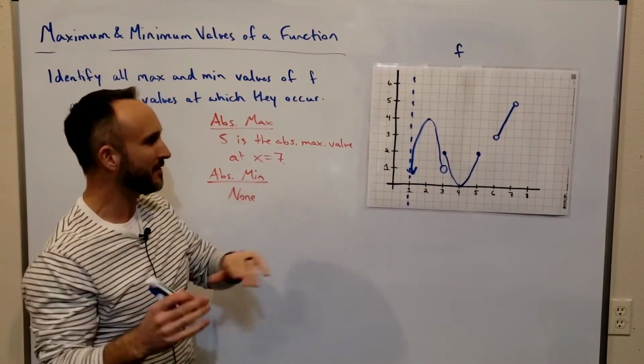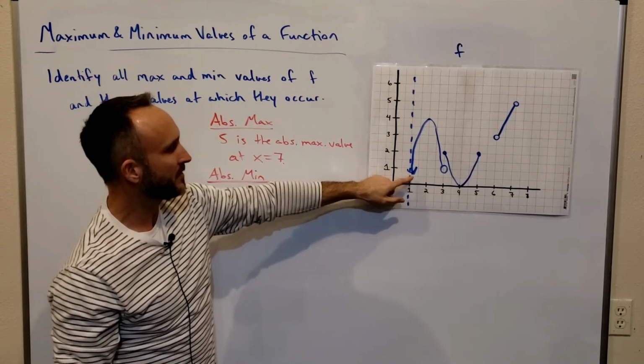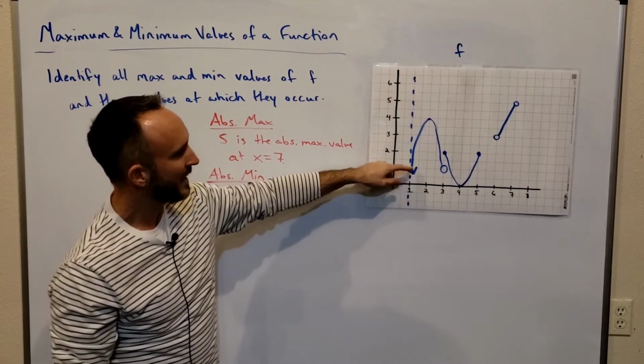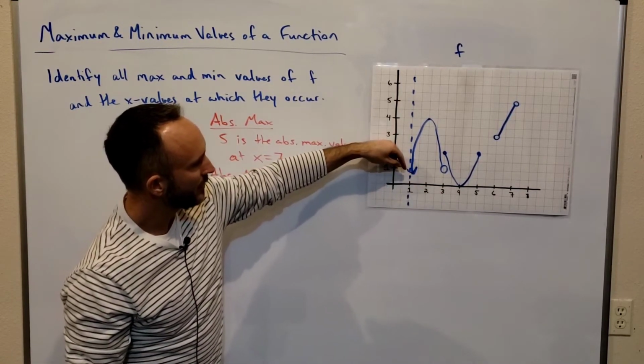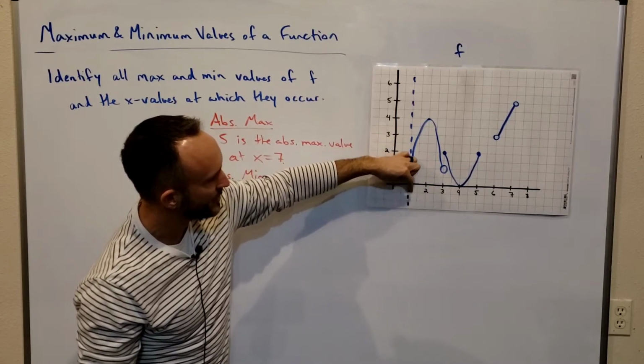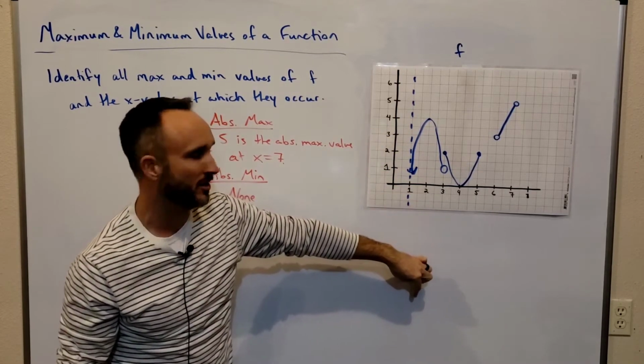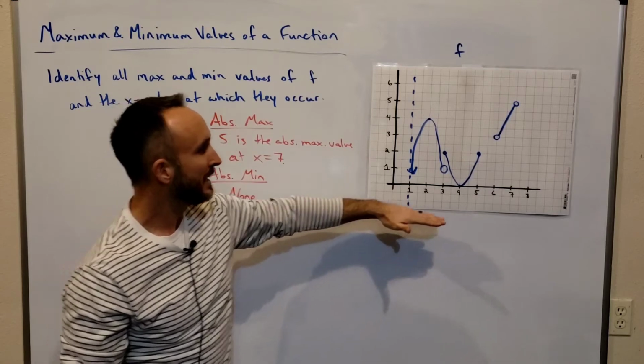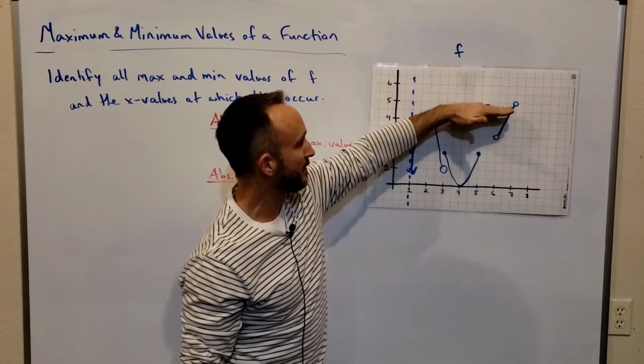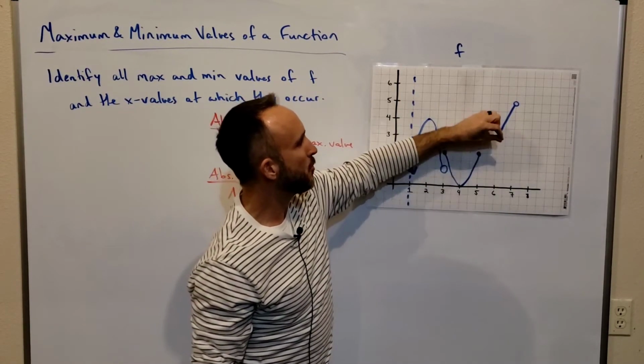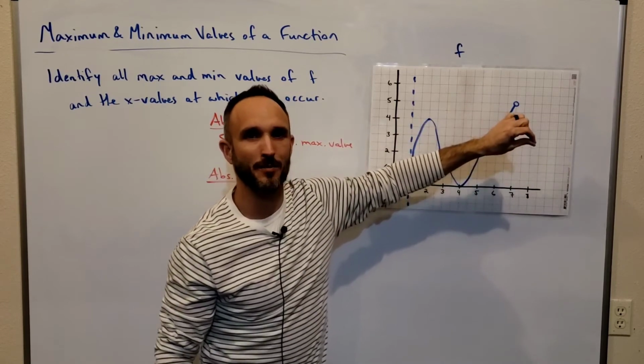But for a completely different reason than why it doesn't have an absolute minimum. This arrow, this graph never stops moving in the negative direction, so it doesn't have an absolute minimum. It certainly stops moving in the positive direction, but there's no particular value where it stops, right?